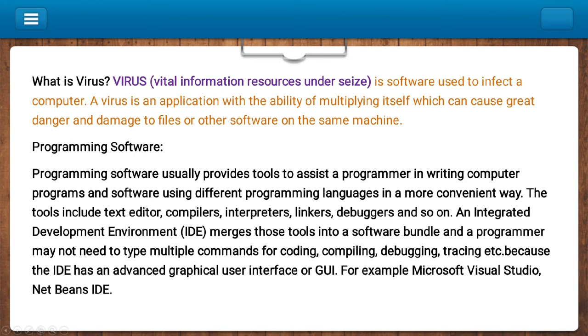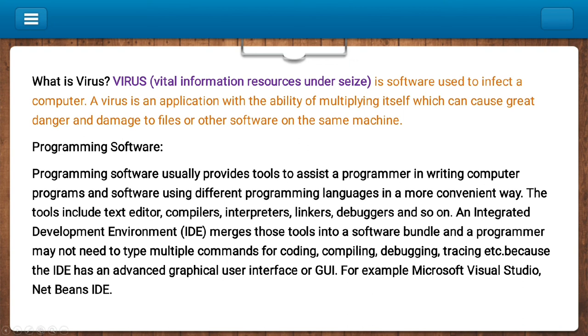So next we have the programming software. Programming software usually provides tools to assist a programmer in writing computer programs and software using different programming languages in a more convenient way. So how do the programmers create the software, or how do the programmers write down the programs?